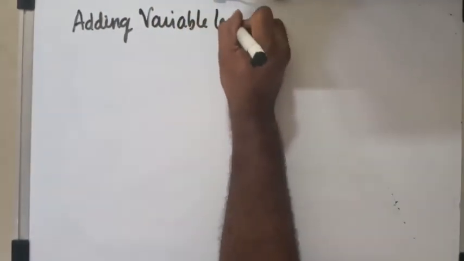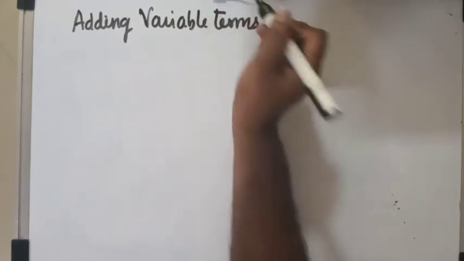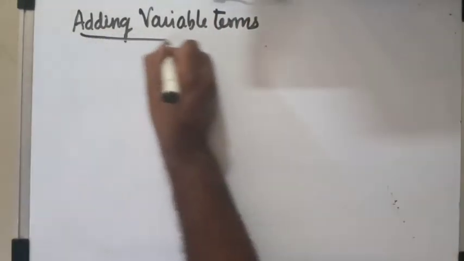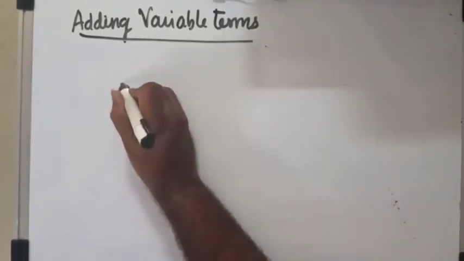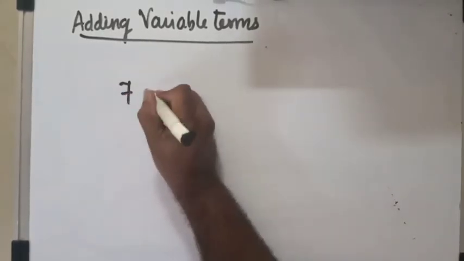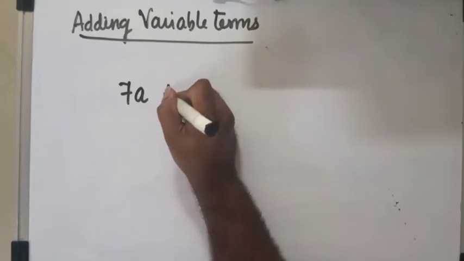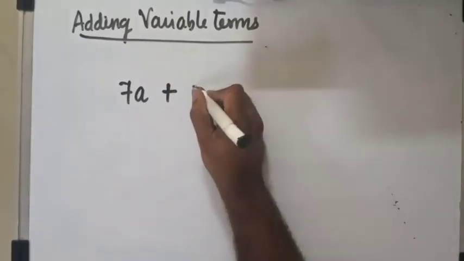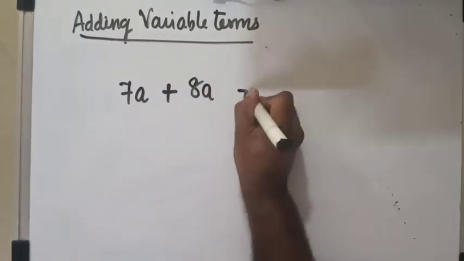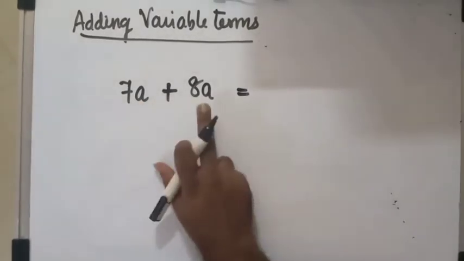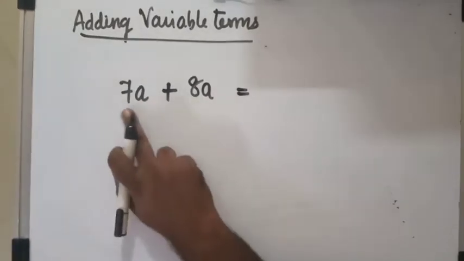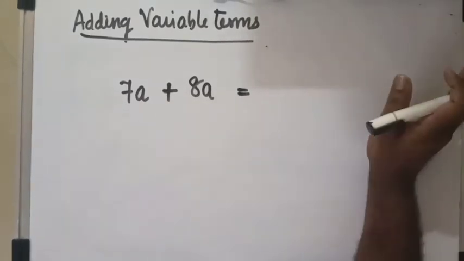Say children, there is a variable term, say 7a and 8a. So whenever the term is a like term, you can add it directly.